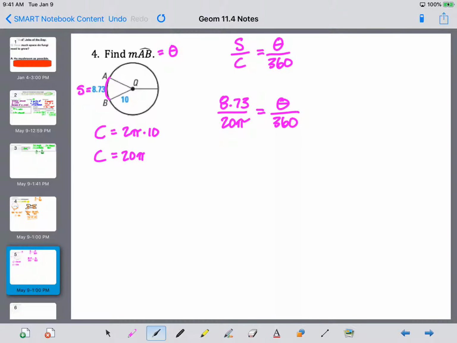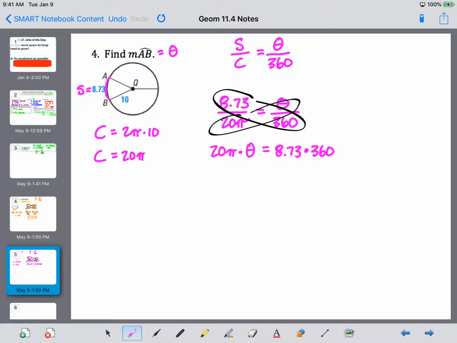Go ahead and cross multiply. So we have 20 pi times theta, and theta is our variable that we're solving for. And over here we have 8.73 times 360. All right, we want to get theta by itself, so let's go ahead and divide by 20 pi.